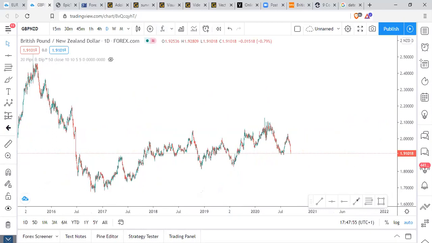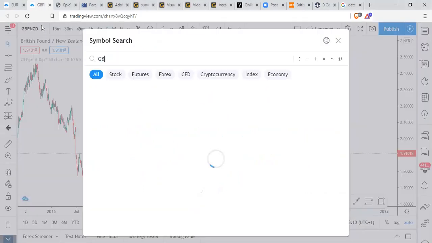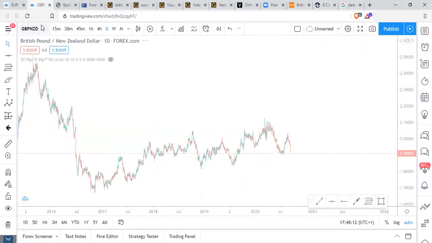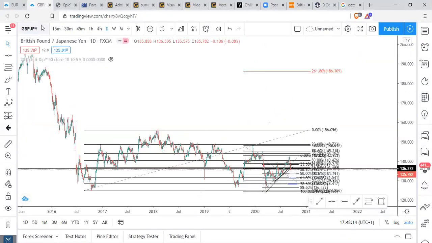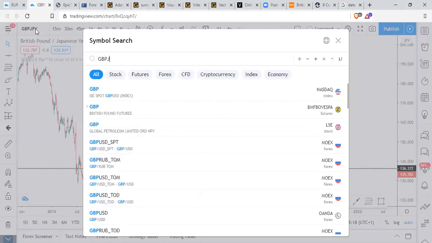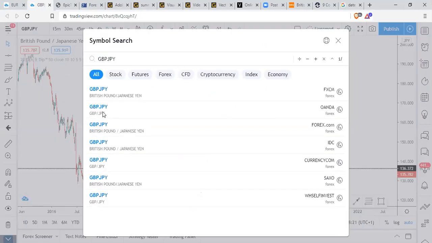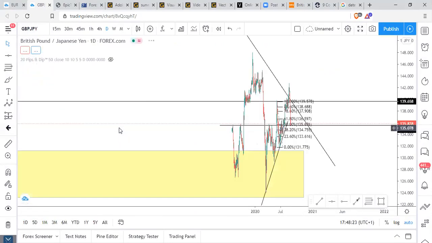So the charts. Alright. Okay, we'll take them one after the other, please. GBP JPY. Okay. Oopsie, sorry. Let me go to my other charts. Let me use forex.com. That one should be clear.